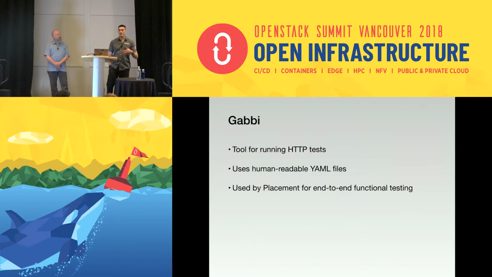So this is a way to automate that kind of test. It uses YAML files. This second bullet here is the extent of what I know about YAML, and yet somehow I'm able to use Gabby. So it must be fairly easy. And we use it in placement to do this sort of high-level end-to-end testing, right? We can hit the API and do real things with it.